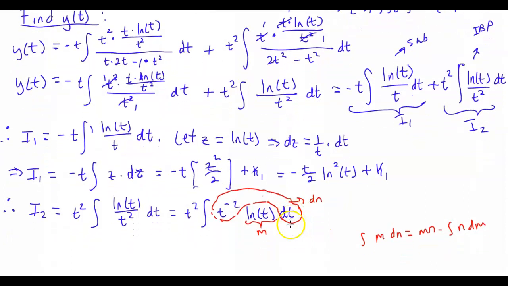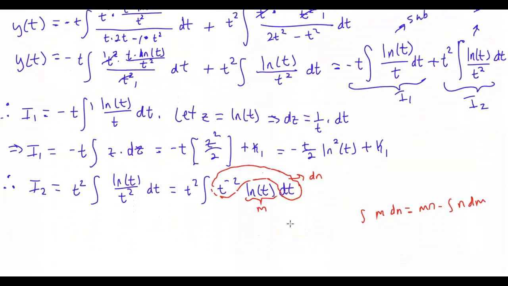So if we do that, then here, if we use this formula, then we need to figure out what our n is and what our derivative of m is going to be, or dm in that case.